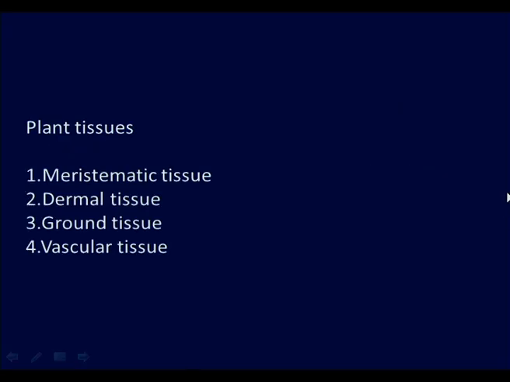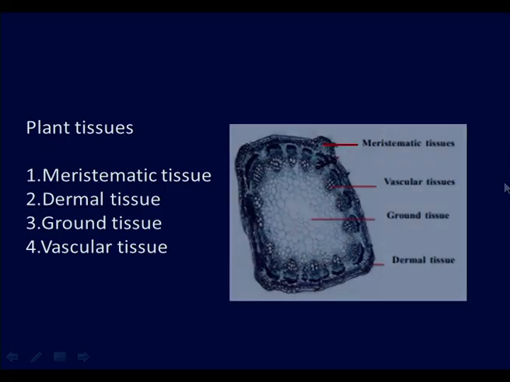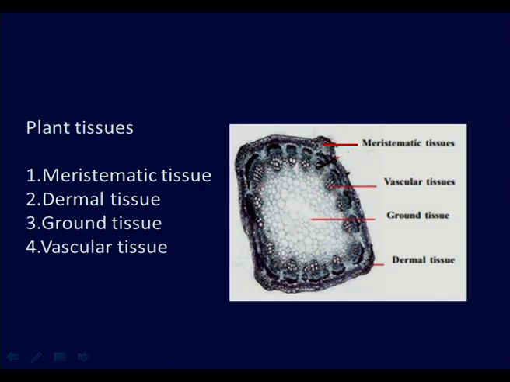Now, let us see about plant tissues and animal tissues. First, we will learn about plant tissues. Plant tissues are majorly of 4 types: meristematic tissue, dermal tissue, ground tissue and vascular tissue. Now, children, see this picture of TS of dicot stem.